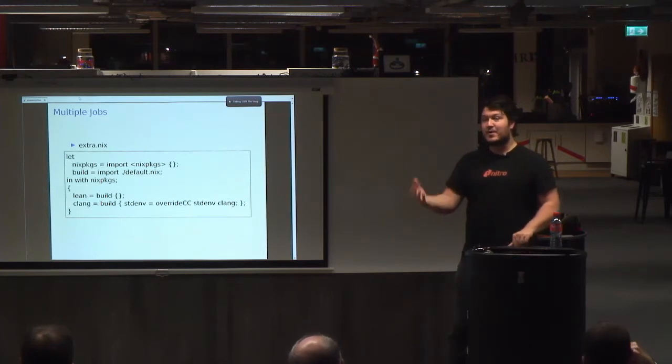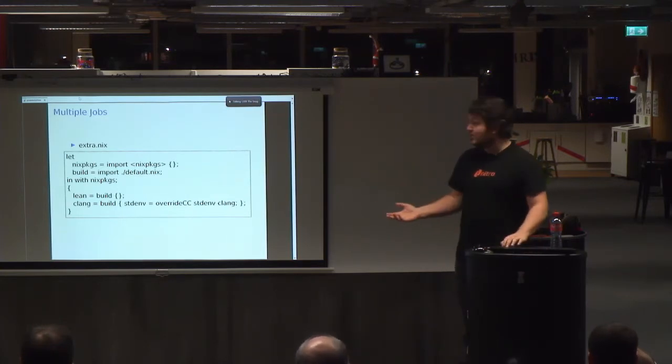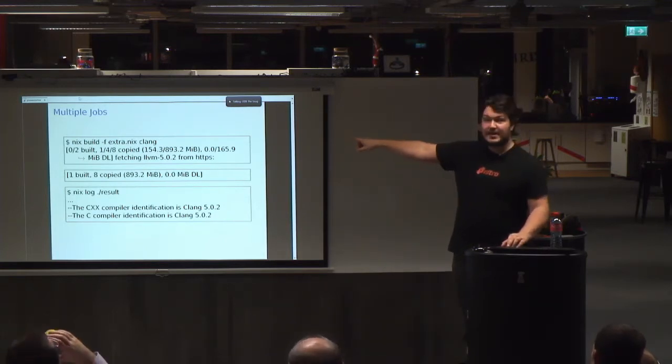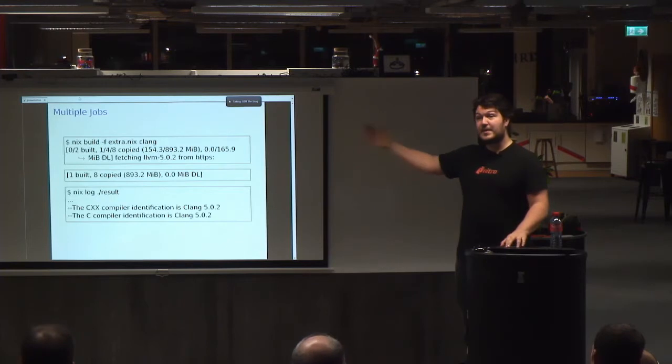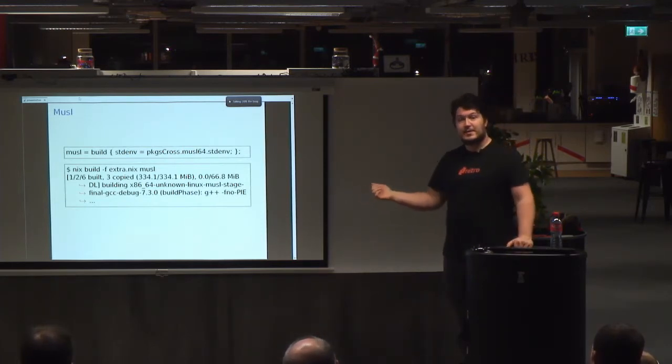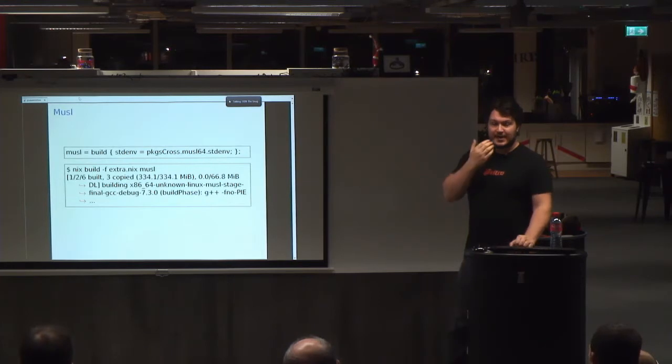Nix has support for all these different kinds of environments built in, and I'm going to show you a few. So now I build, if I pass -f to nix build, I can specify the file I want to build from and the job to build. It builds with clang. We can see CMake detects clang. I can build with different libcs. So in this case, musl is a different C library.